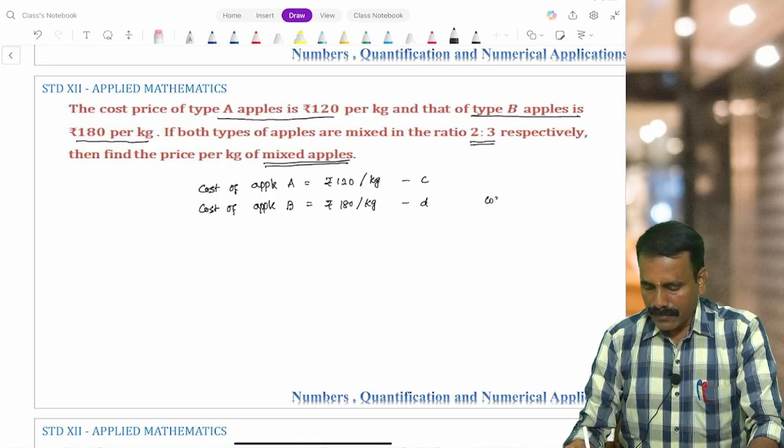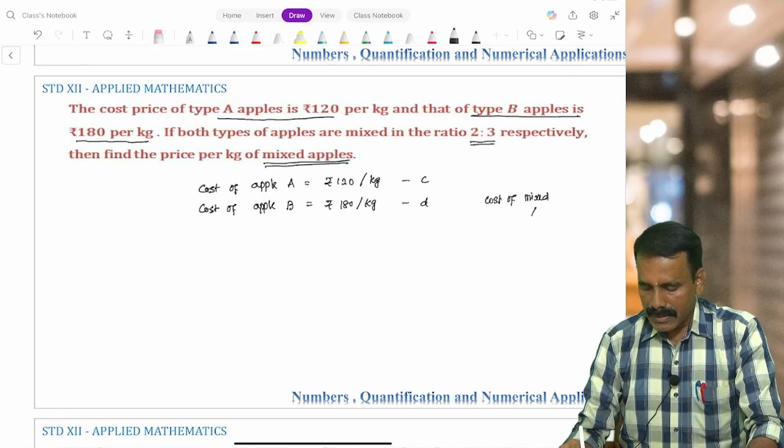And the cost of mixed apples will be taken as M.